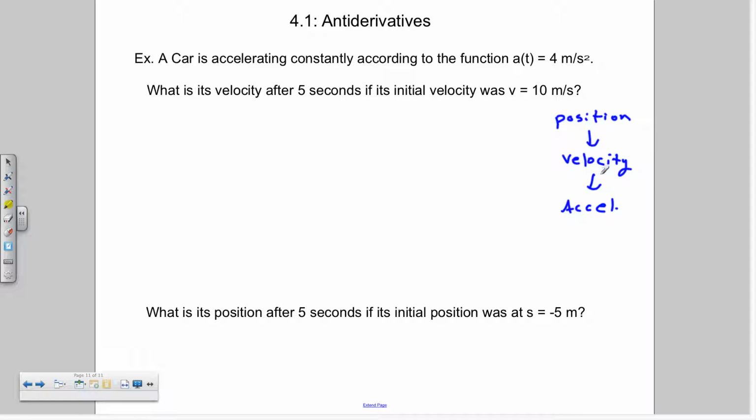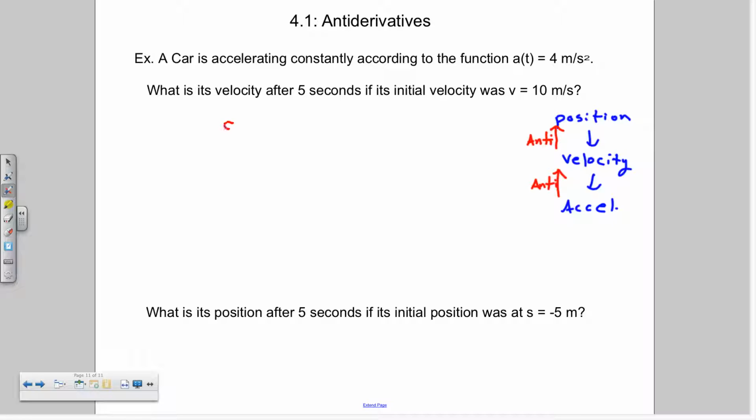Now that is moving in one direction with derivatives. We also have the ability to move in the other direction. So we can go from acceleration up to velocity, and from velocity up to position, by anti-deriving up from acceleration and anti-deriving up from velocity to get up to position if we need to.